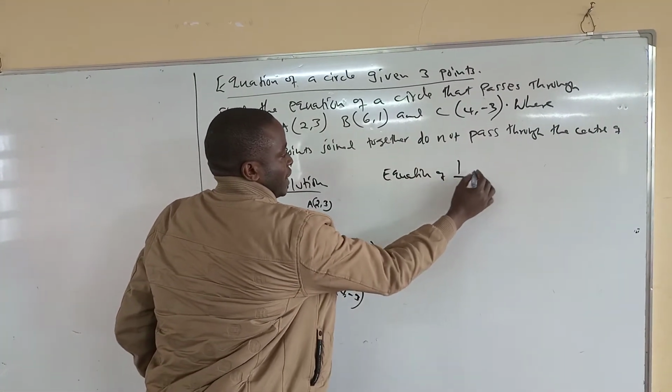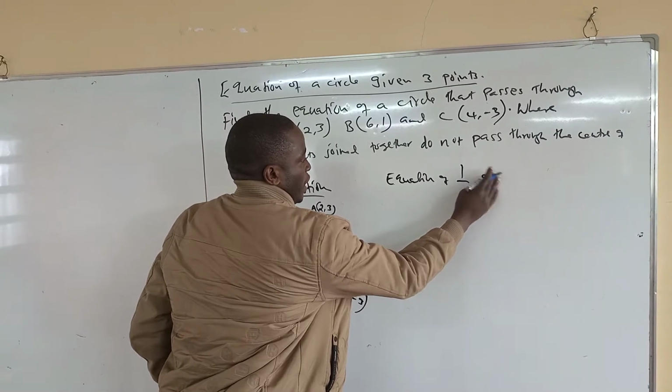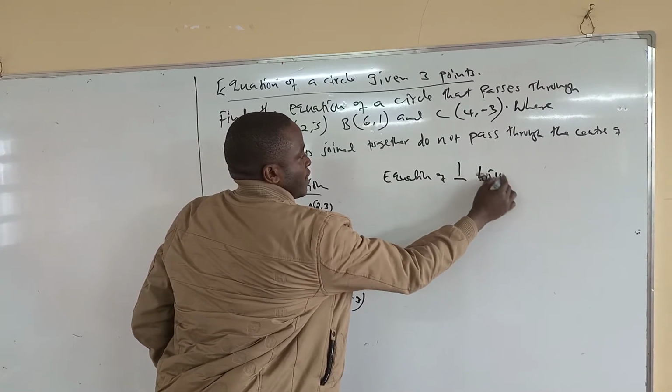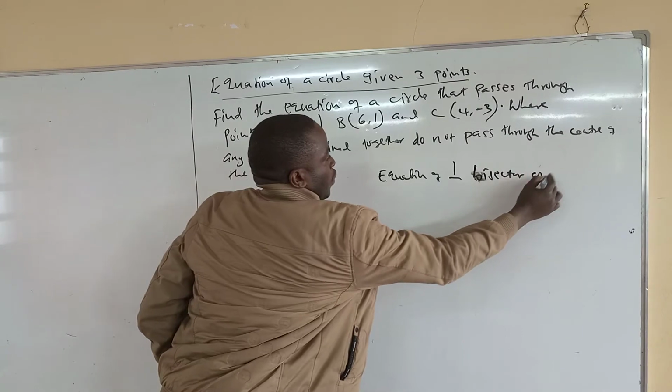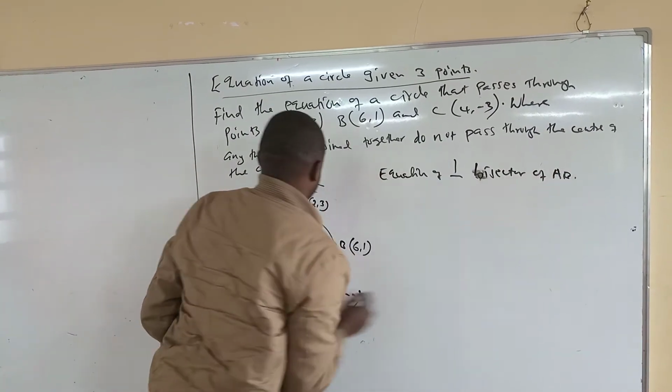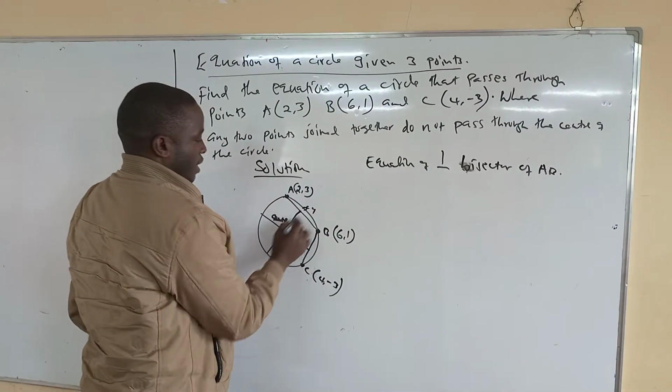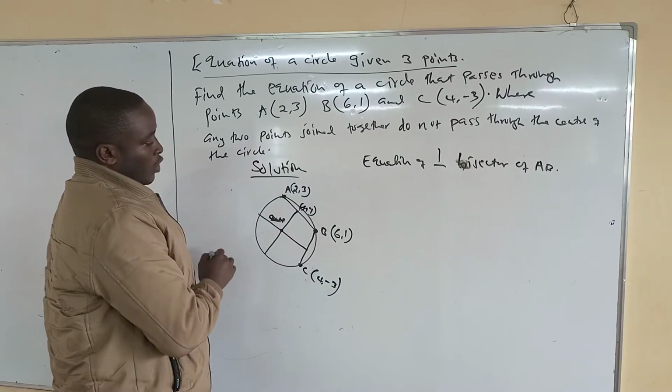The equation of the perpendicular bisector of AB. If I write this point to be (x, y), then I need this perpendicular bisector here.